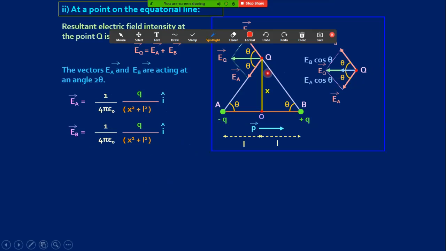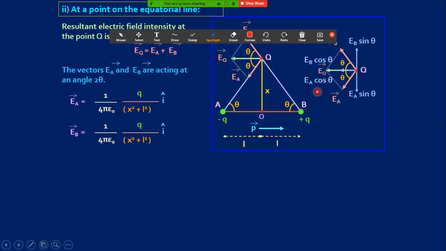Along this line, boys, the resultant electric field is acting. Okay, so we are getting two components, vertical and horizontal. Vertical component EB sine theta and horizontal component EB cos theta.